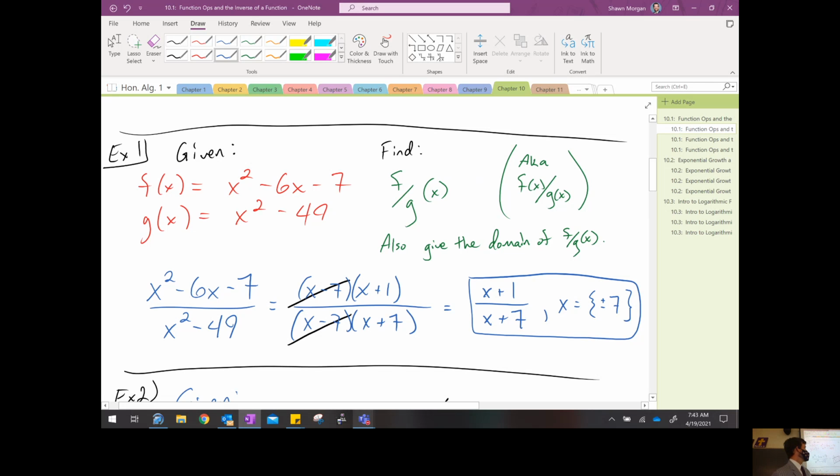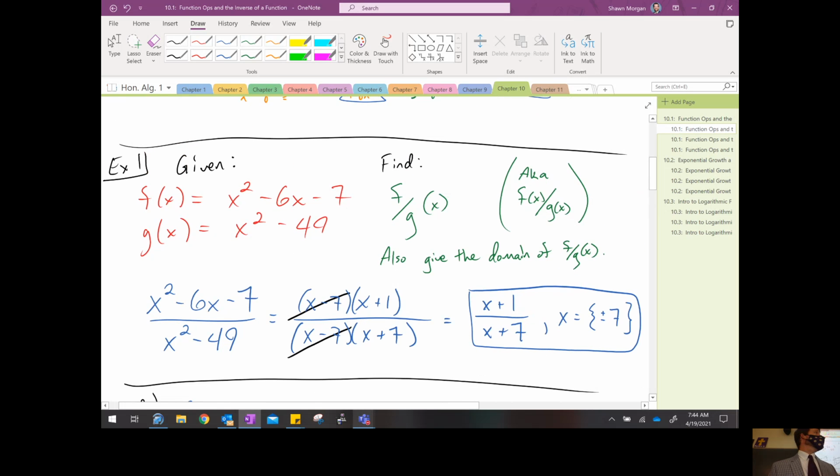The original function has a quadratic denominator, and every quadratic expression has 2 roots, per the fundamental theorem of algebra. So there are 2 roots to that denominator. We factored out and canceled one of them, but that doesn't mean that we have only one domain restriction. Questions on that example before we move on?